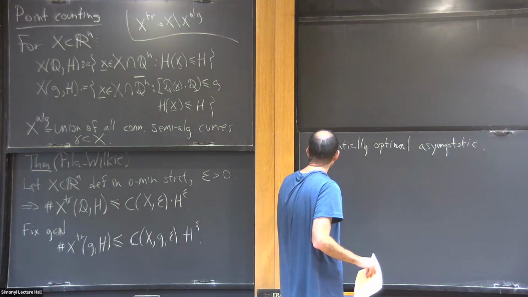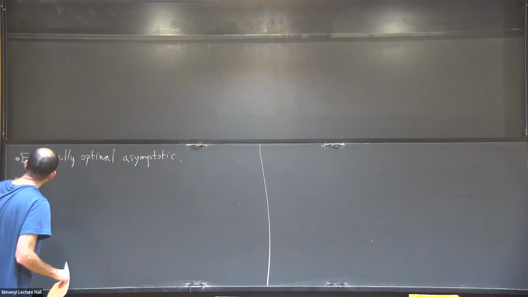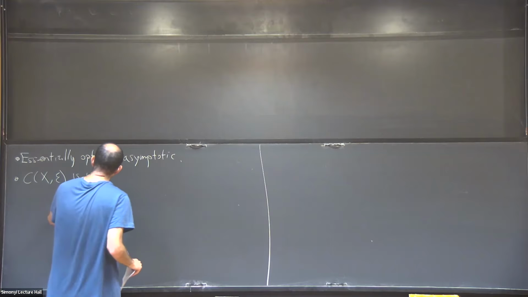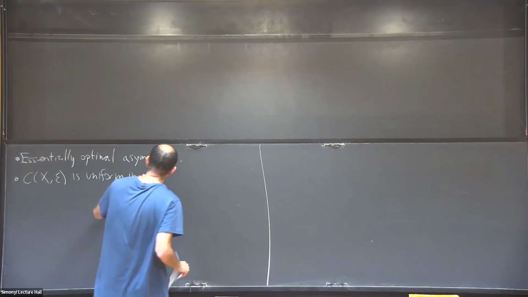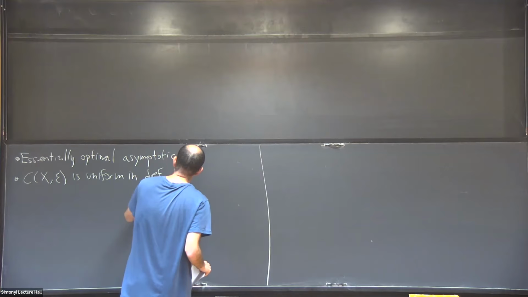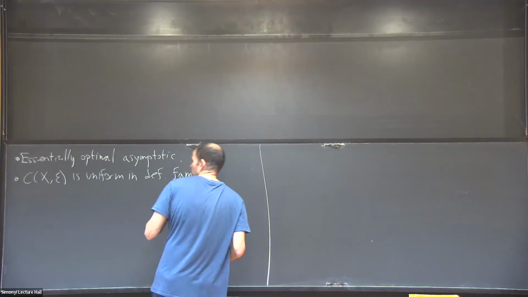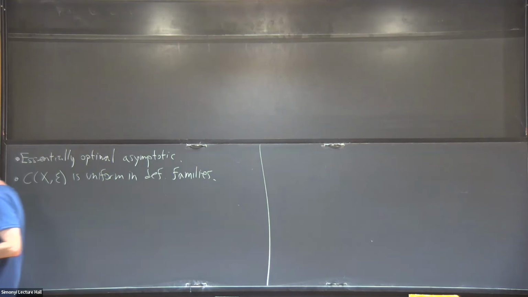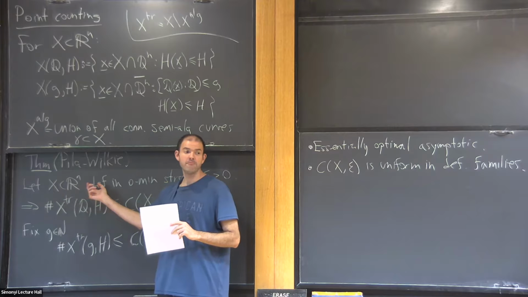Then another important point is that this constant C of X and epsilon is uniform in definable families. What that means is, if I remember, a definable family means I give you an X which is a subset of, say, R^n times R^m.